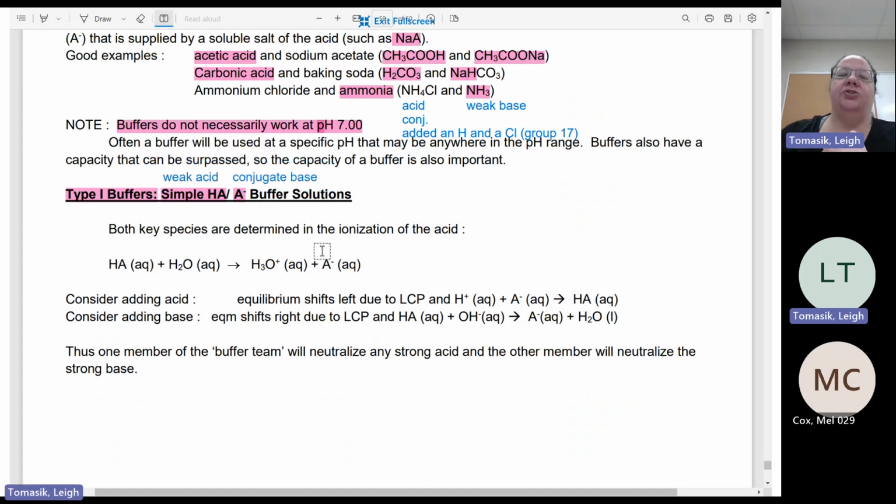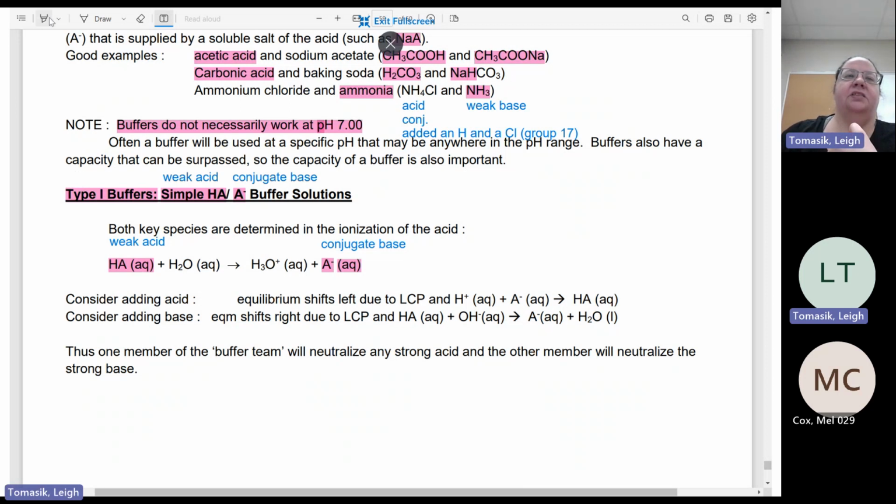Both key species are determined in the ionization of the acid. When we ionize the acid, we get the conjugate base, so both of them are present in the same equation. Both of these are going to be weak: the acid is weak and the conjugate base is weak.